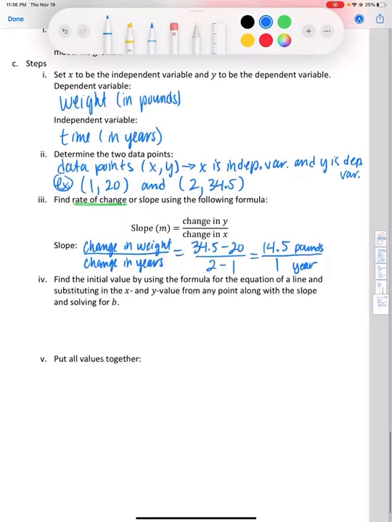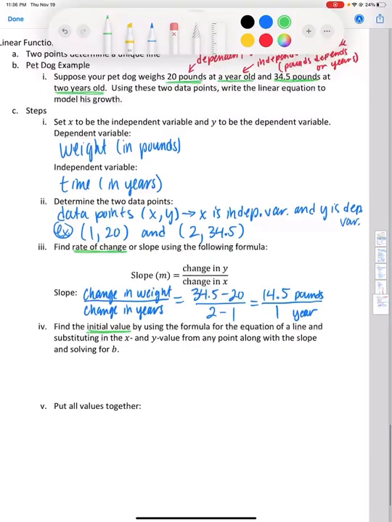So we're going to go ahead and find our initial value. We need to find an initial value for our equation by using the formula for the equation of a line, substituting the x, y value from any point along with the slope, and solving for b. So that's the more technical part. Let's take a look at deducing the initial value by using our situation.